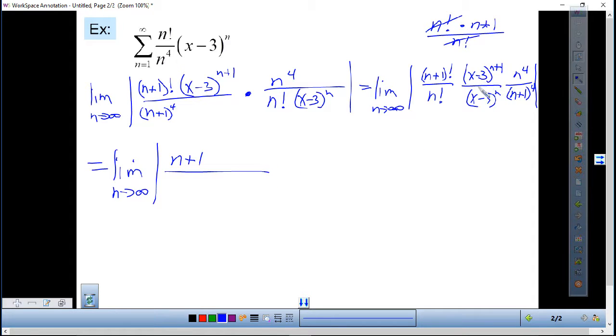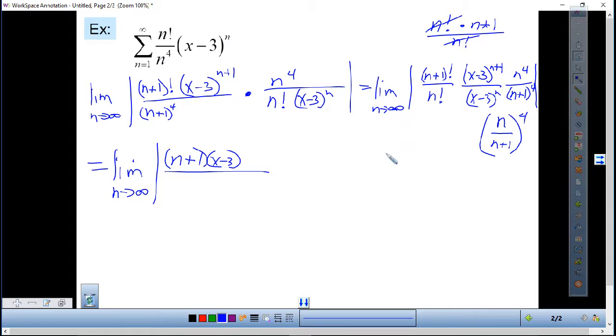All right, when we deal with our x minus 3 to the n plus 1 over x minus 3 to the n, that means we're going to have one more term of x minus 3 on top. And then the n to the fourth over n plus 1 to the fourth. Little trick here is since they're both the same power, we can write this as n over n plus 1 all raised to the fourth power.